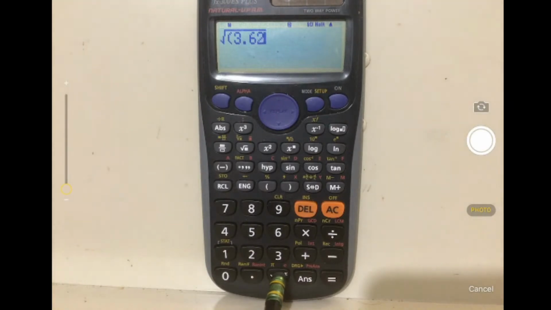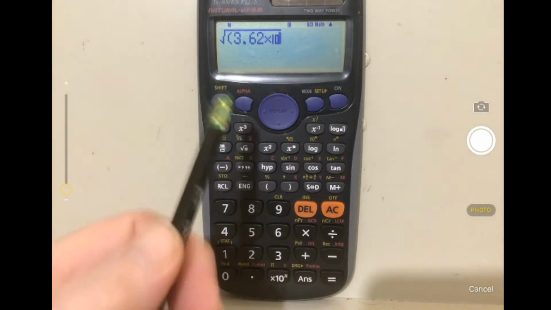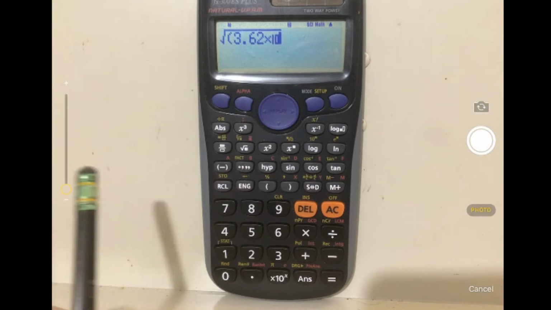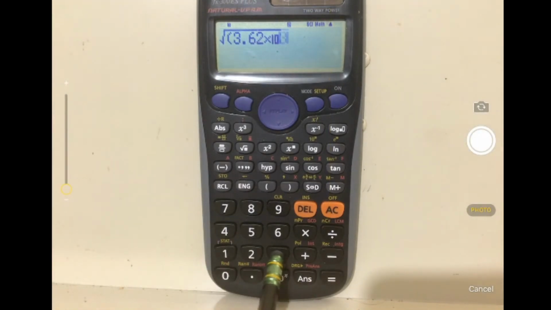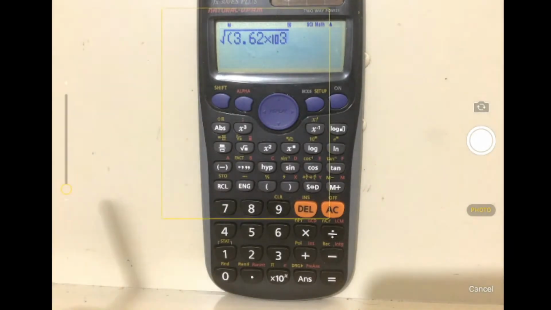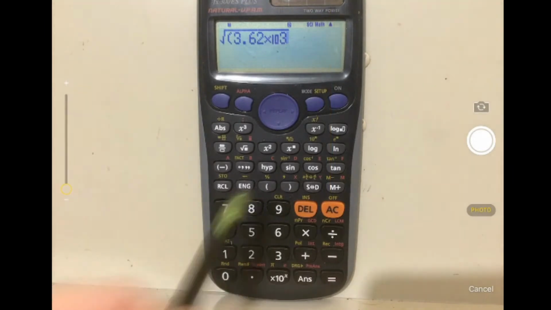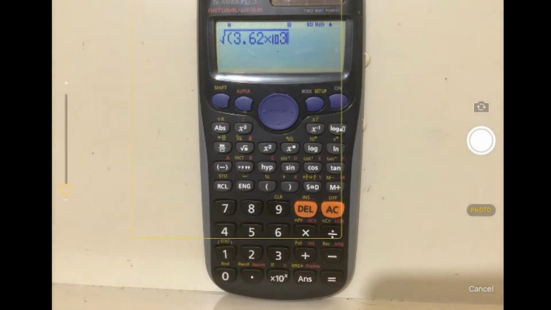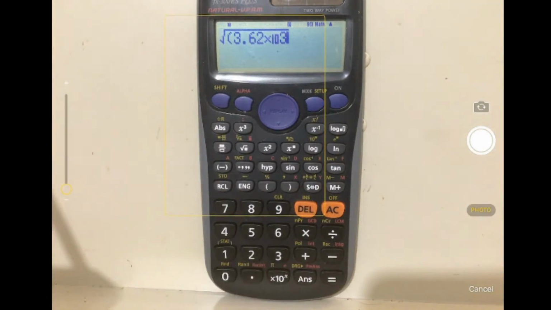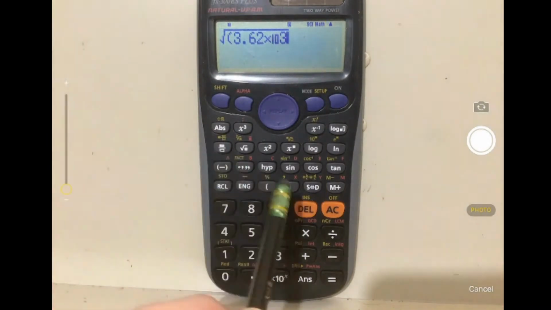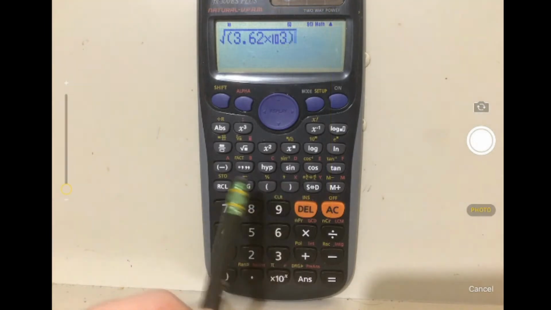You hit that button, boink, and notice it sets up a times 10, and it wants you to put a number in which will represent the exponent. So it's supposed to be an exponent of 3. So that's how you enter 3.62 times 10 to the 3. You don't have to say times 10 raised to a power 3. You can, but you're wasting your time. You just go times 10 to the 3, and then it's entered. That's my power. Close the parentheses because I'm done entering that number.